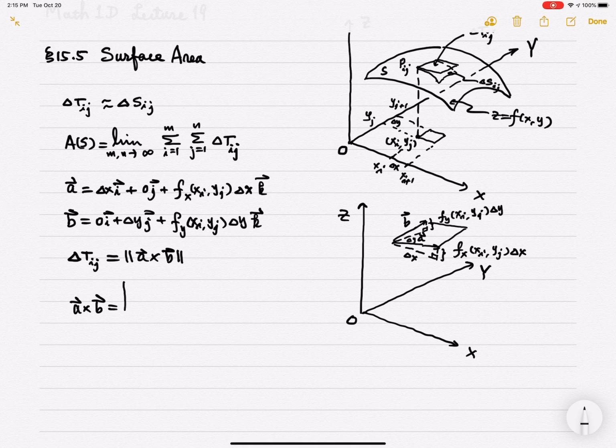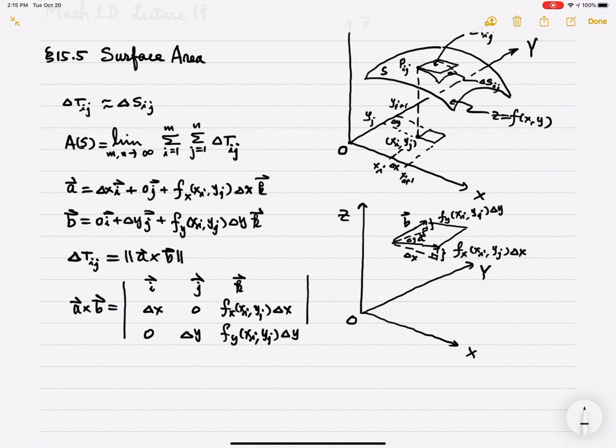We use the formula. The formula says i, j, k, and then here, of course, delta x, 0, f sub x at x_i y_j delta x, and then 0, delta y, f sub y at x_i y_j delta y. So we calculate this determinant, treating i, j, k as numbers.